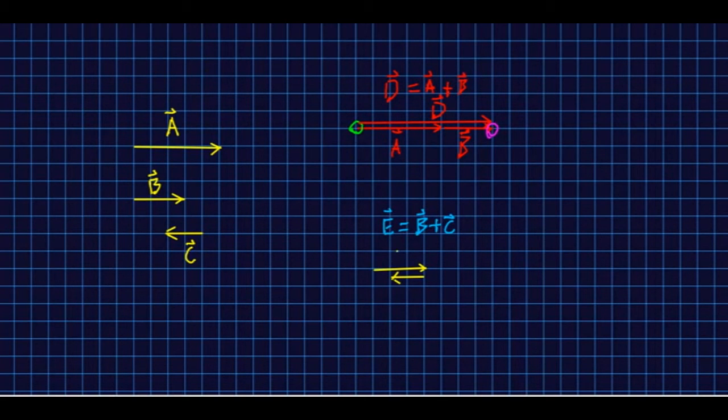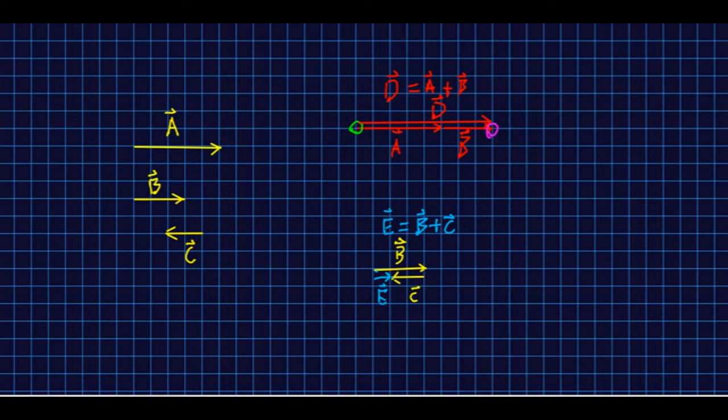Okay, so there's B, there's C, and now remember that we started here and we ended here, so I'm going to draw the result, E, from where we started to where we finished, and it's just that little vector right there.